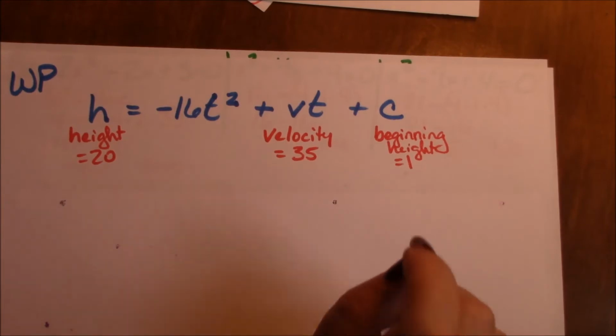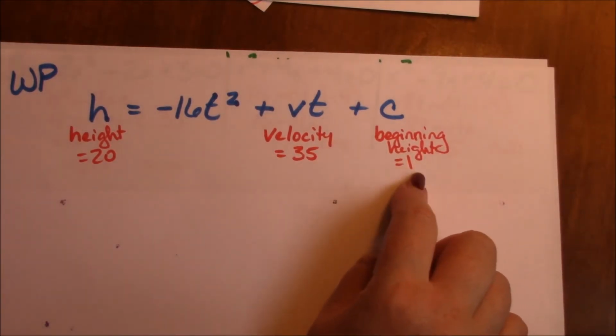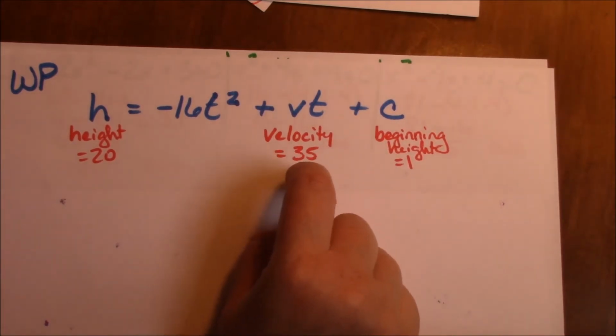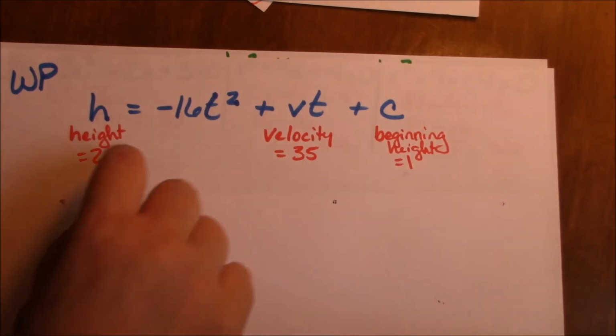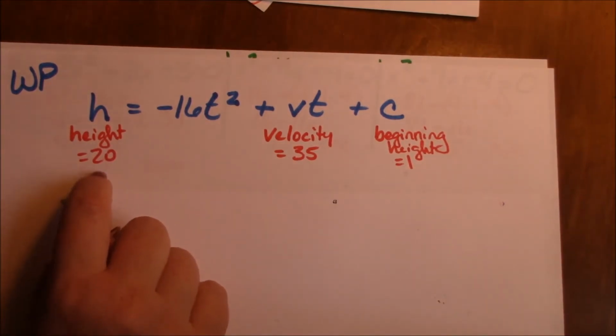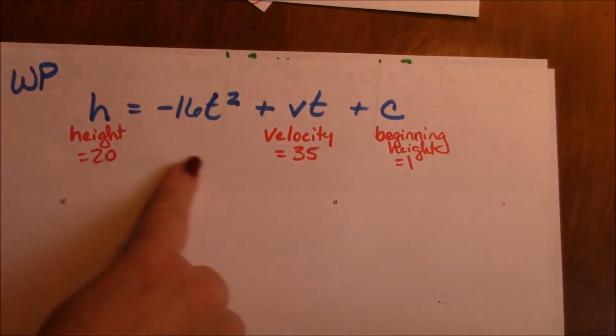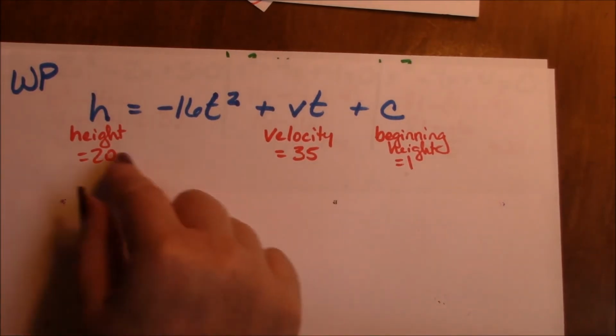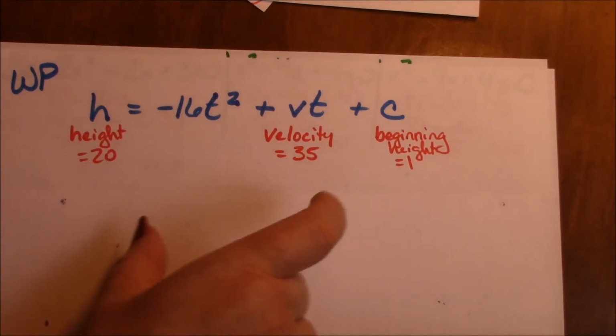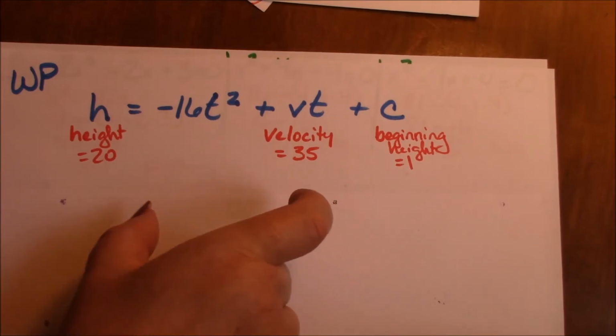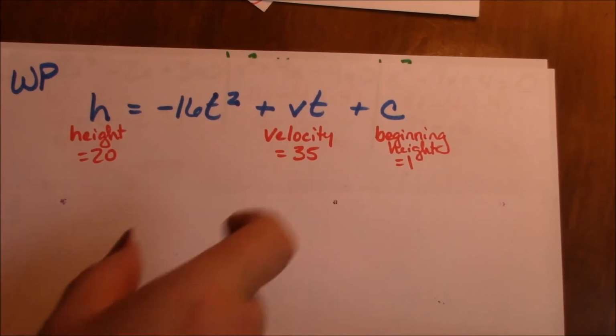We have a carnival game where the weight starts 1 foot off the ground, and it is shot straight up with a velocity of 35 feet per second, and the question is, will it hit the bell that is 20 feet off the ground? So we need to rewrite this equation with all of these numbers in it, with the understanding that the discriminant is going to tell us if this is possible or not.